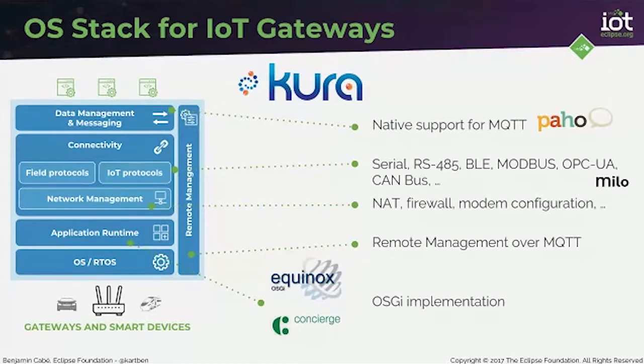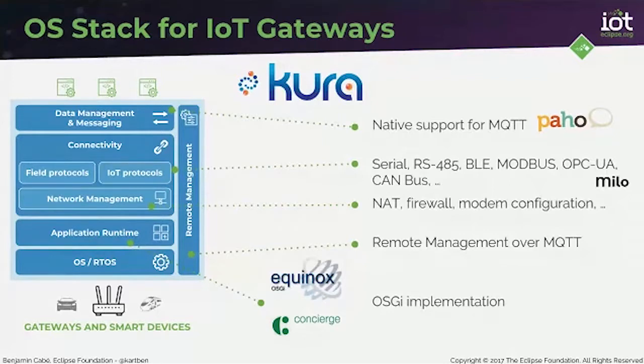Support for network management per se: firewall, managing all the different bearers that you may want to use for connecting your devices. Maybe the gateway will use Ethernet or Wi-Fi as the primary bearer and the primary way to connect to the internet, but maybe it is configured to fall back to cellular if the wireline dies for some reason.